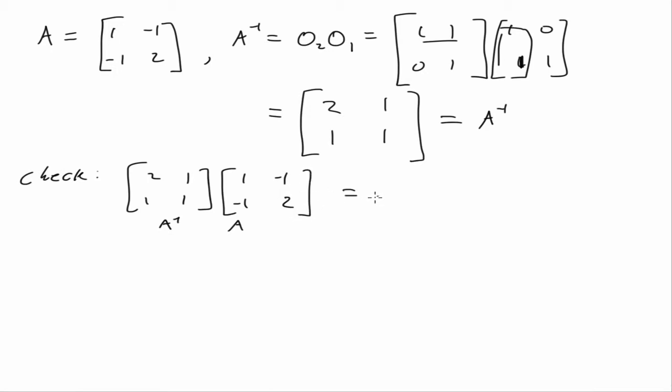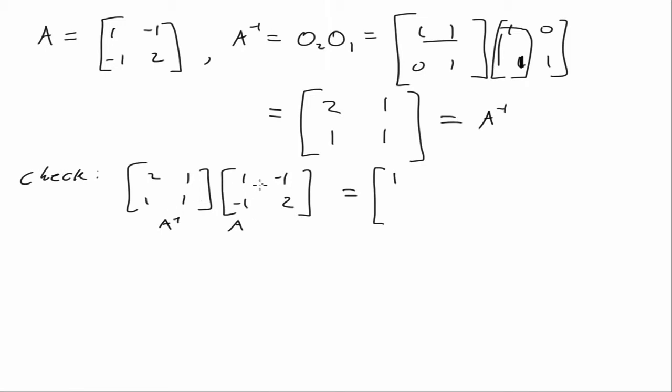And we can write that out. Did I do this correctly? I think I made a mistake. Oh, never mind. I see my error. Everything is okay. So I multiply 2 by 1 and negative 1 by 1, and I get 1.